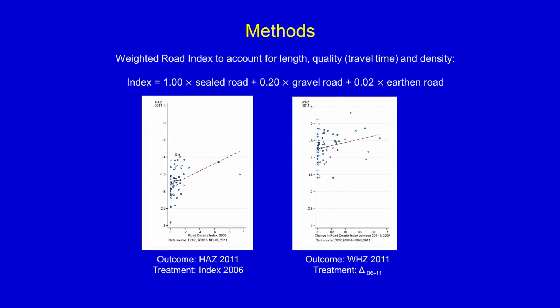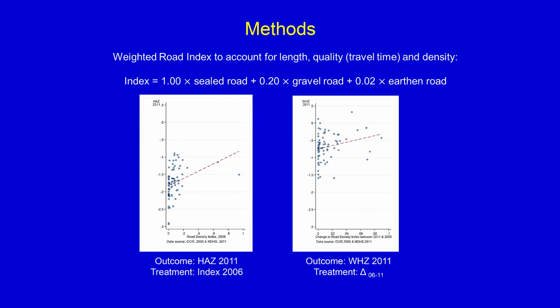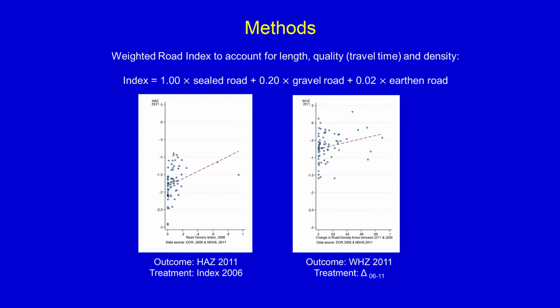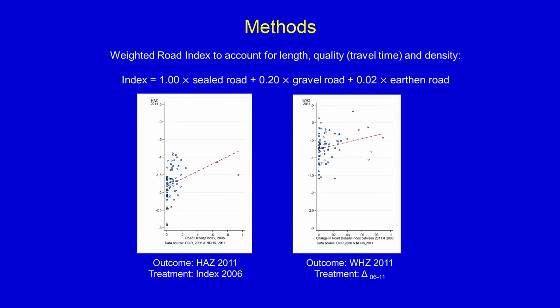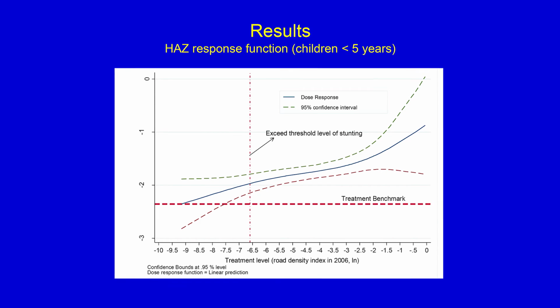It shows that there is a high positive correlation between height for age in 2011 and road density index in 2006, and a high positive correlation between weight for height Z-score in 2011 and the change in road density index between 2011 and 2006.